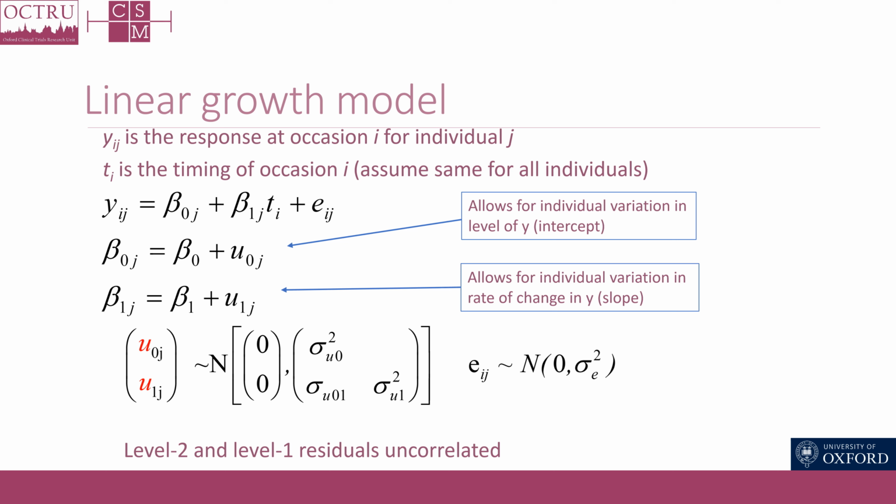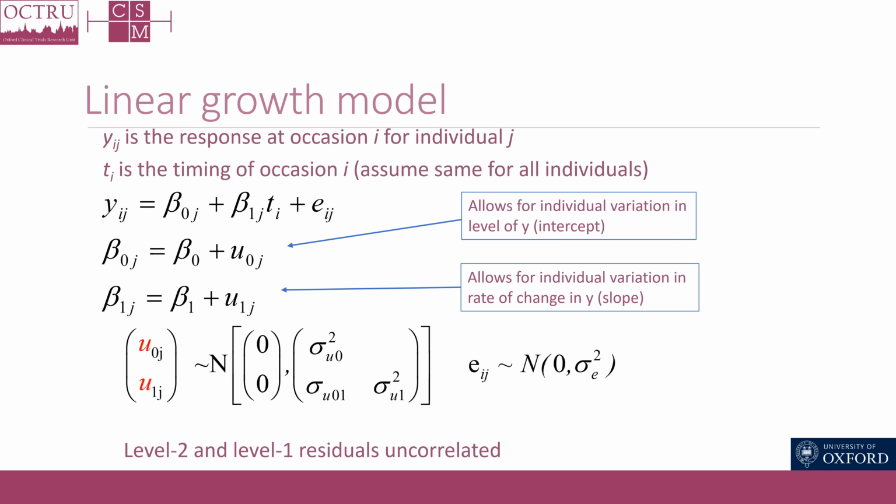Back to our model equations again. With this new model, we have some additional parameters to specify. In addition to the individual boy departure from the population intercept, now we also have departures from the population slope, with beta 1 no longer fixed but indexed by individual j.